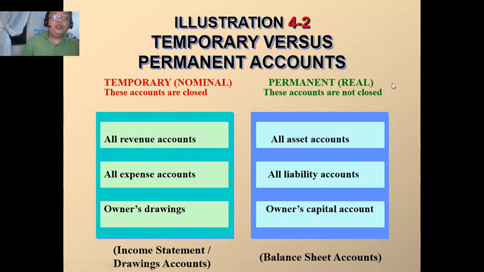So if your company is existing for 137 years, your assets, liabilities, and owner's equity are 137 years old, because they're all permanent accounts. All your revenues, expenses, and drawings are transferred to your owner's equity account, or to your retained earnings if you are a corporation.